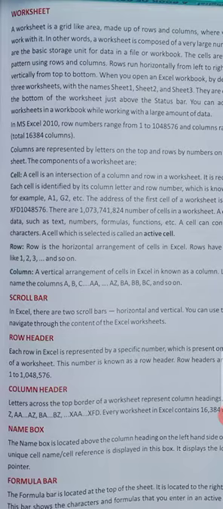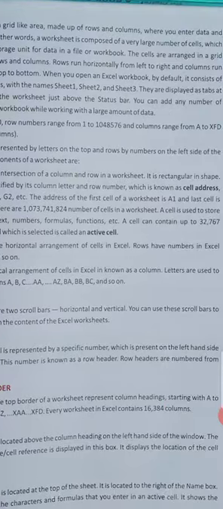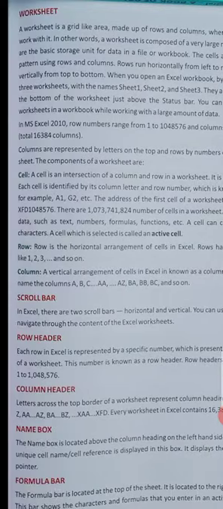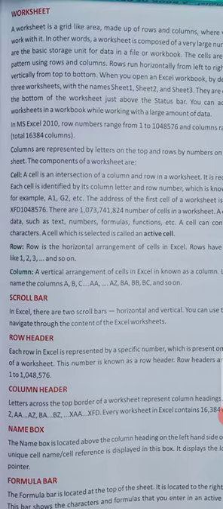In this we have rows from 1 to 10,48,576 and columns from A to XFD, means 16,384 columns.